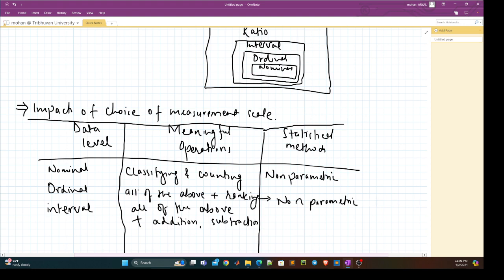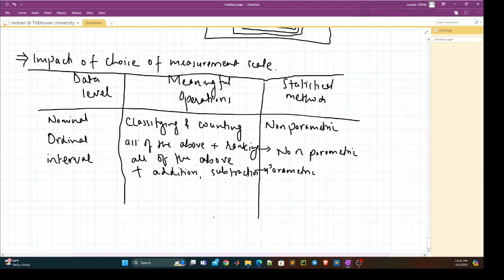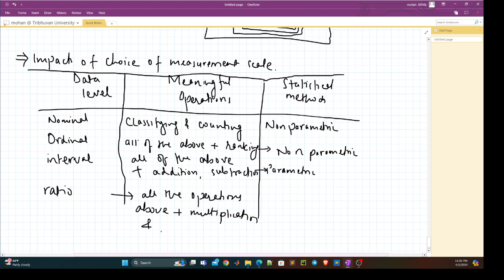In interval you can use parametric. In ratio you can use all the operations above plus multiplication and division, and we use the parametric statistical method.